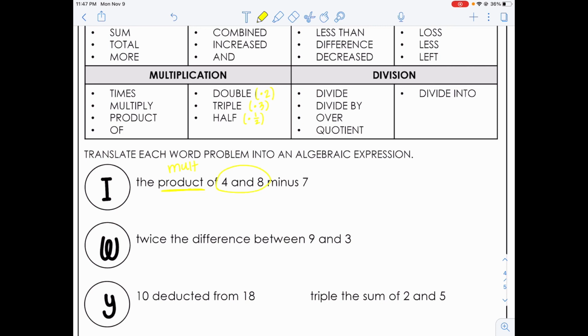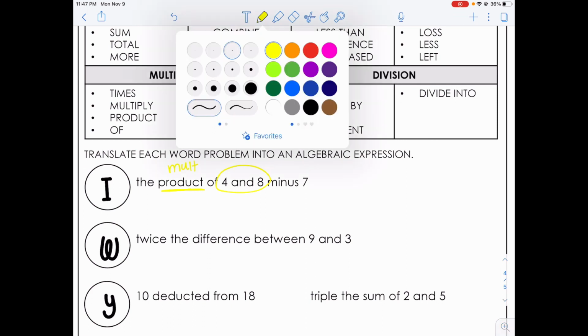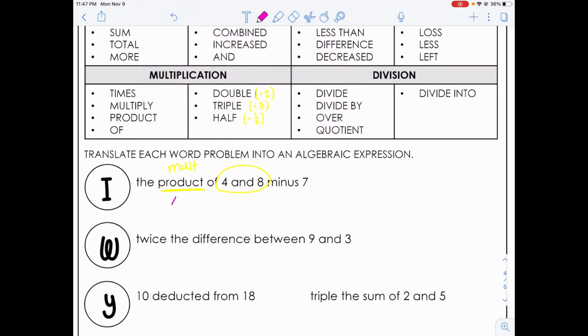So that means I need to take 4 multiplied by 8. So I'm going to first write that 4 times 8. Reading the rest of the problem, I see that it has the word minus. Minus means subtraction. And it says minus 7. So in my expression, I'm going to go ahead and write minus 7.